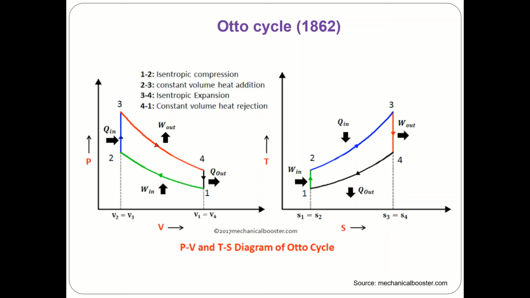The source is used for supplying heat to the system, and the sink is used for heat rejection out of the system. So you can see that there are only 4 processes, and these 4 processes don't consist of intake and exhaust. So this is a closed cycle which we have.